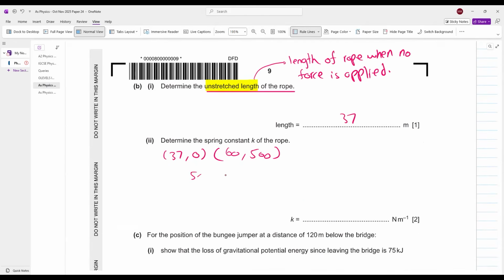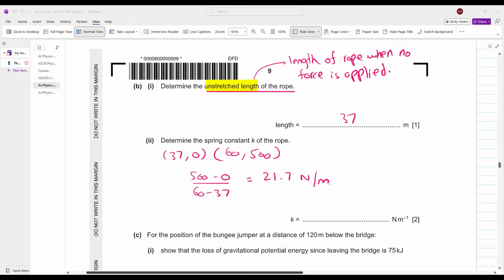Y2 minus Y1 over X2 minus X1. Spring constant निकाल लो. 500 divided by 60 minus 37. This comes out to be 21.7 Newton per meter is your answer for the spring constant. Simple. Let's further move ahead.